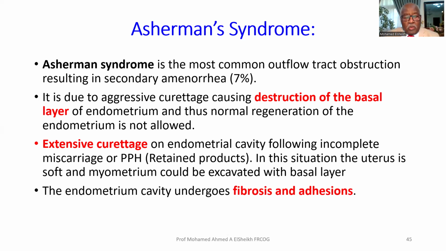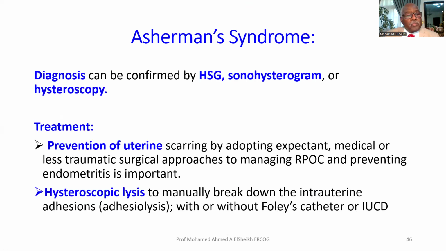The endometrial cavity undergoes fibrosis and adhesions. This is the pathogenesis of Asherman syndrome, resulting in secondary amenorrhea. This is the pathology of the Asherman syndrome.